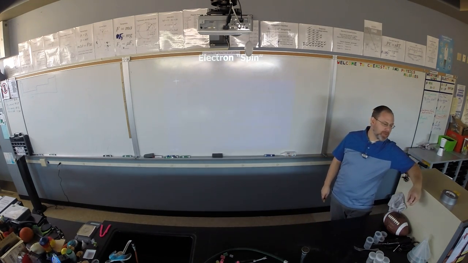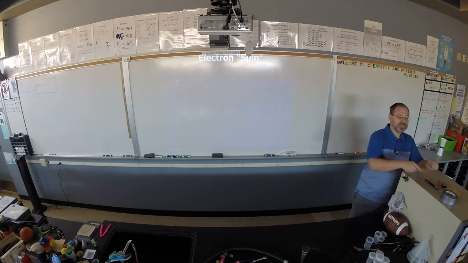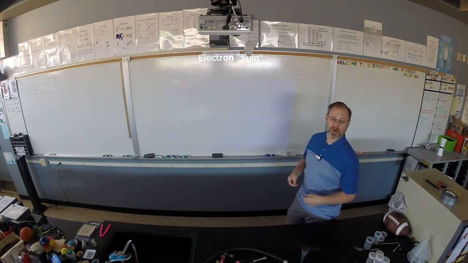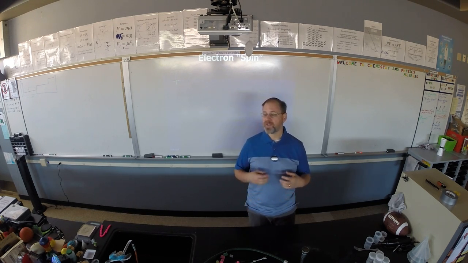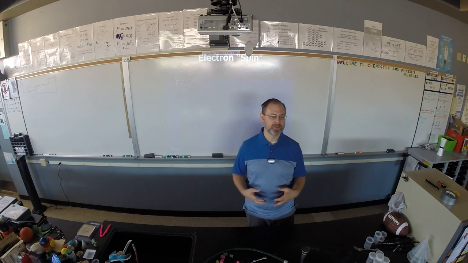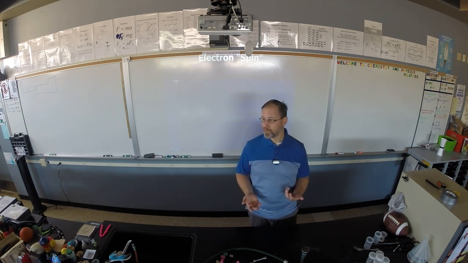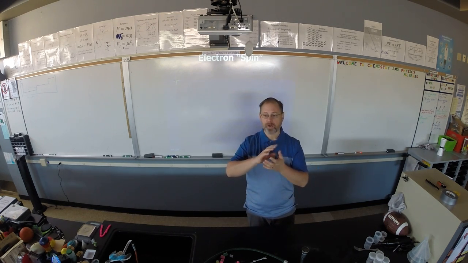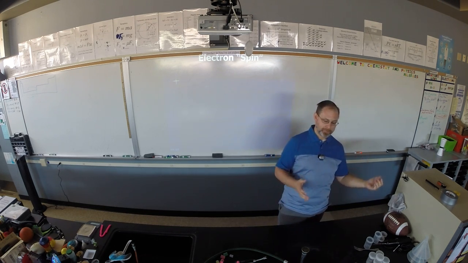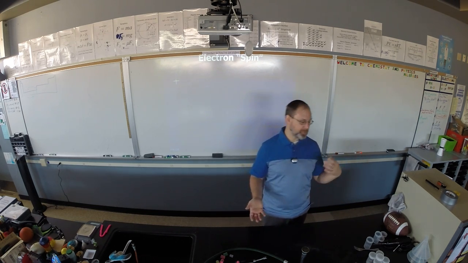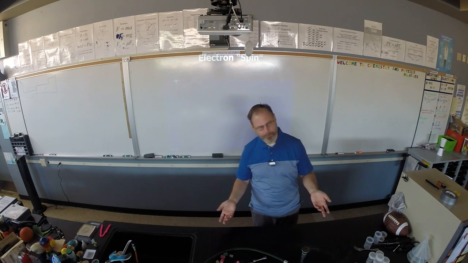All right. Now, electrons. Electrons have two primary states. And there's this thing called the Pauli exclusion principle that states electrons cannot be identical. No two electrons can exist in the exact same state. So if two electrons are sharing an orbital, one will be spin left, one will be spin right. One will be spin male, one will be spin female. No, that doesn't work.